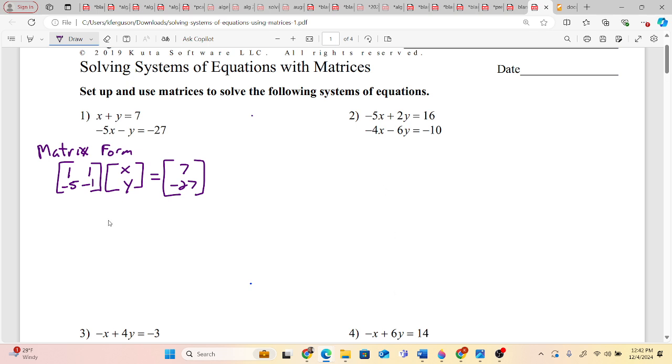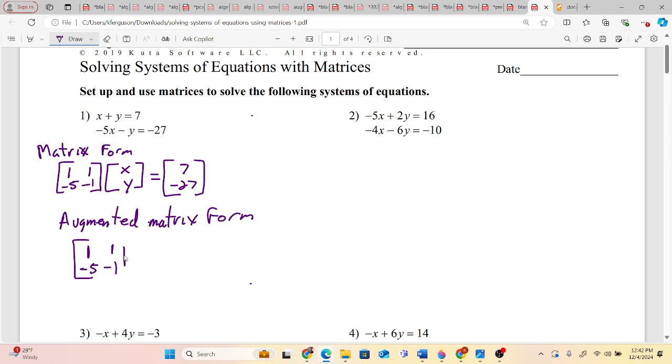Okay. Now I'm going to do augmented matrix form. In augmented matrix form, I don't have the variables and I don't have the equal sign, but I have the same stuff. I'm going to have 1 and 1, -5 and -1.